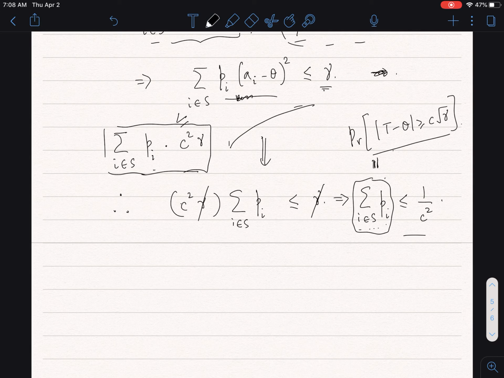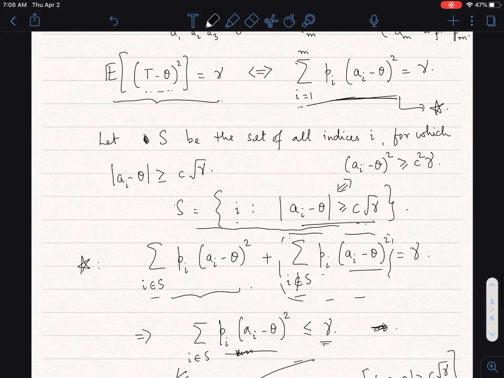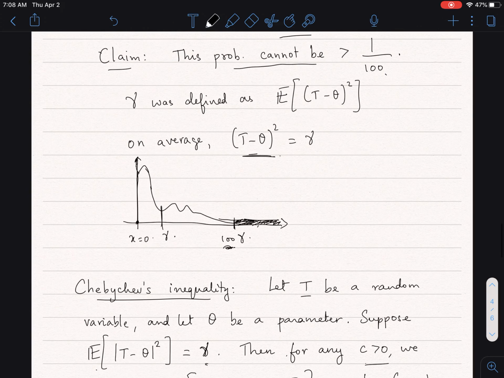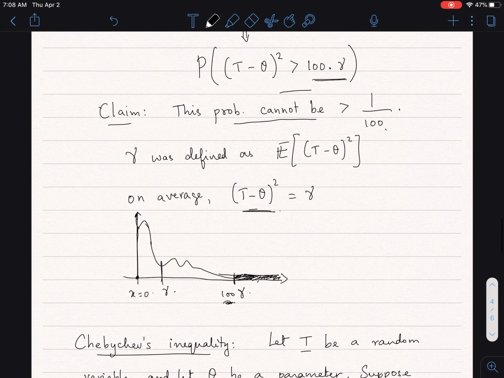In the continuous case, it will involve an integral, and then some people might get confused. Okay, but the proof is basically the same even in the continuous case, right? So that's Chebyshev's inequality, and note that once I plug in c equals 10, I exactly get what we have here.